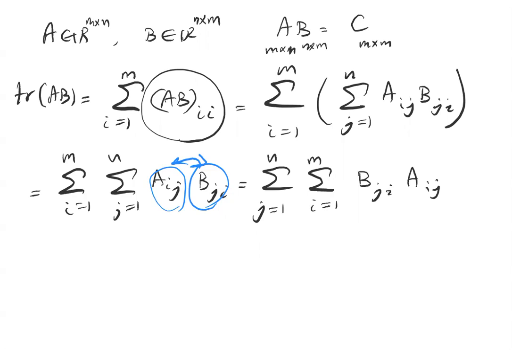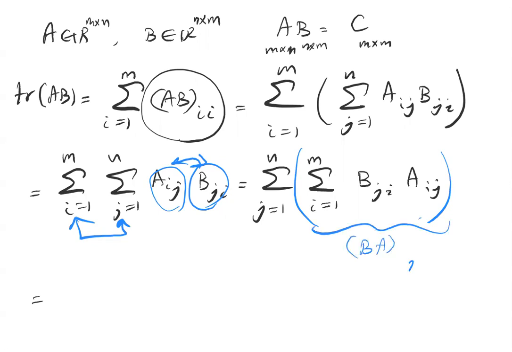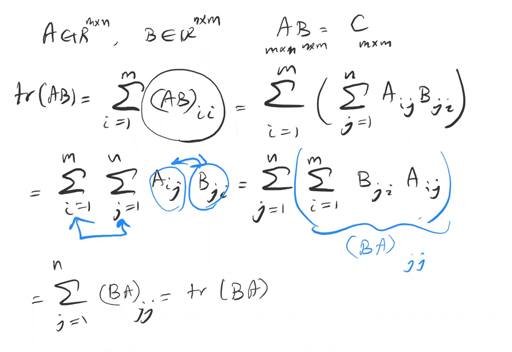Another thing that we did, we changed the location of these summations. All right. So in the next step, we are going to extract (BA) jj from this. It's going to be sigma j from 1 to n of (BA) jj, which is nothing but trace of BA. So we started from trace of AB, and we showed that it's equal to trace of BA.